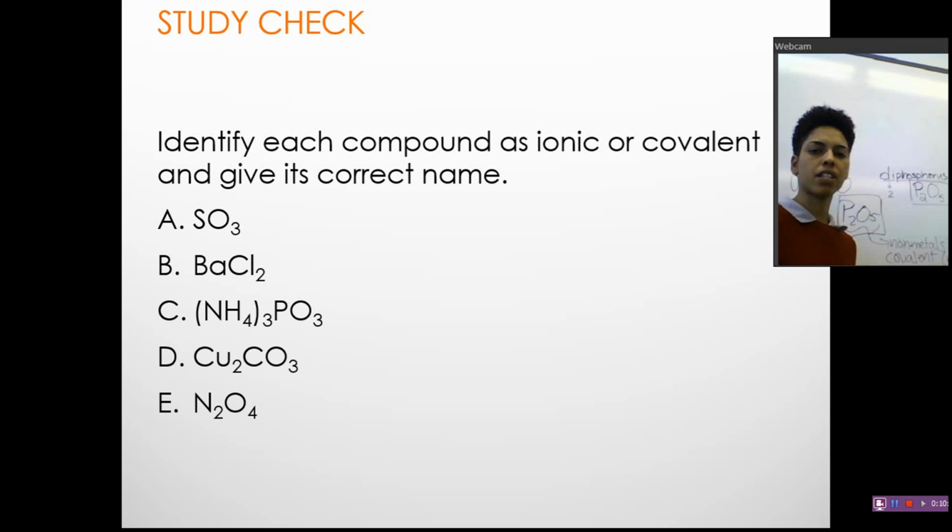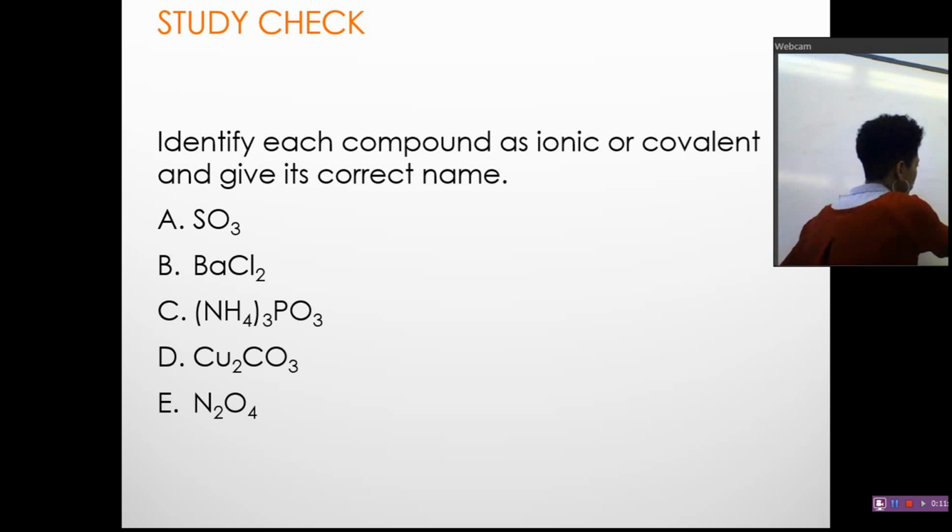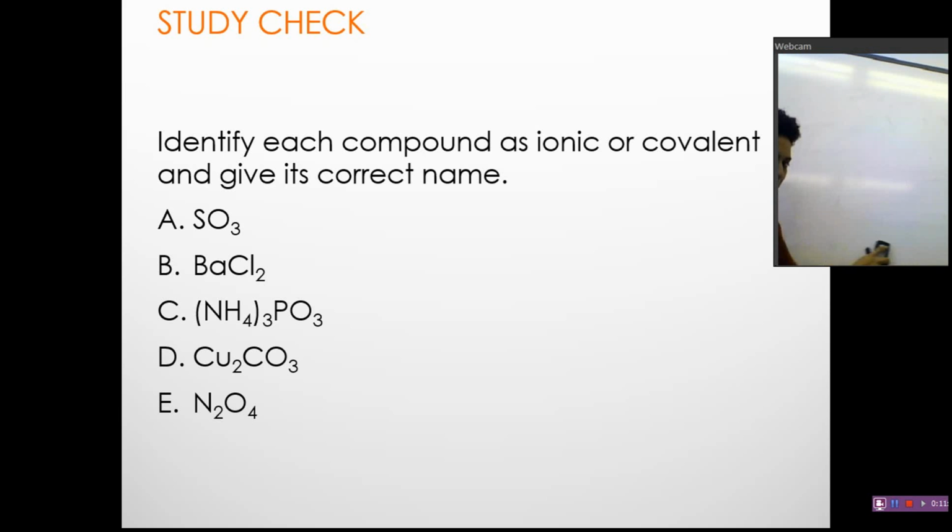All right, next study check. Identify each compound as ionic or covalent and give its correct name. Well, for A, we have SO3. First we've got to look at the first element. Is it a metal or non-metal?